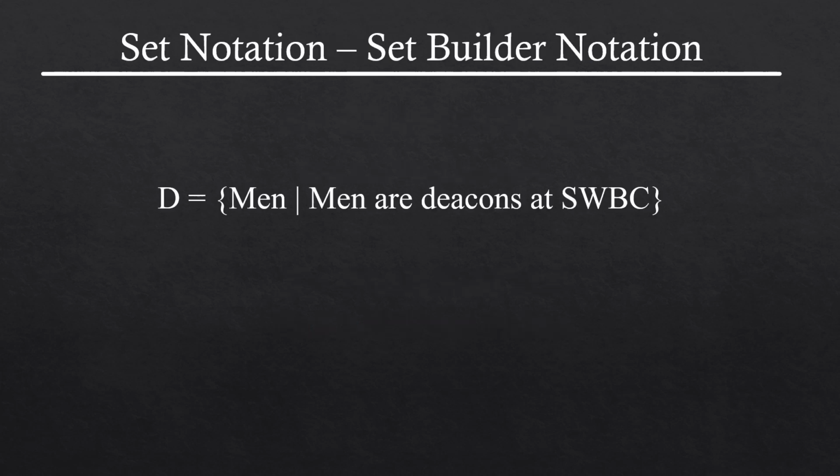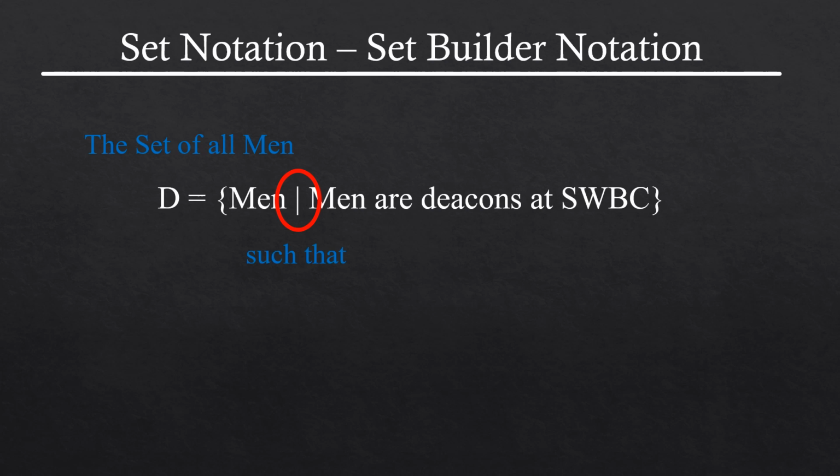Now we have set builder notation. The set D is made up of men, the set of all men. This straight line right here means such that.